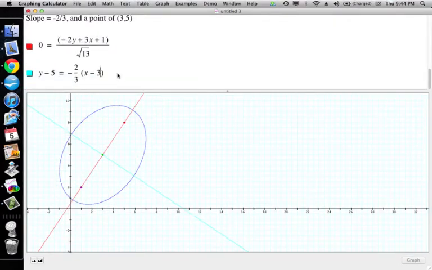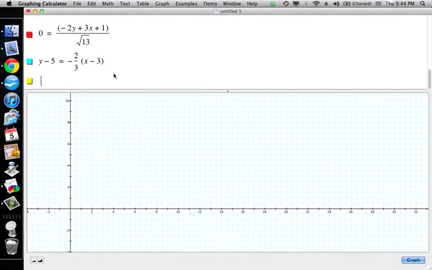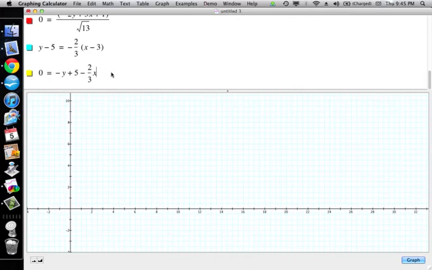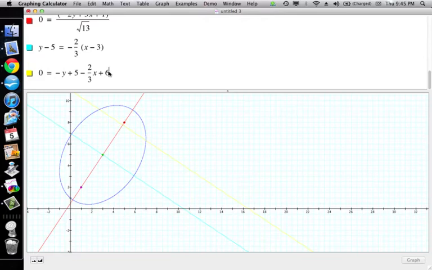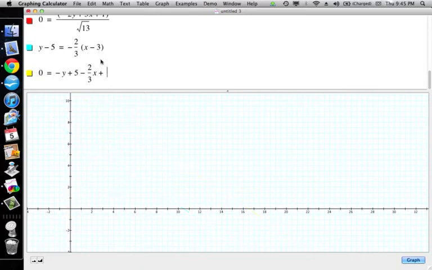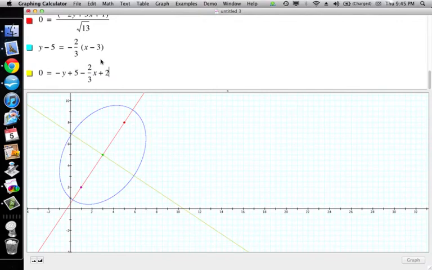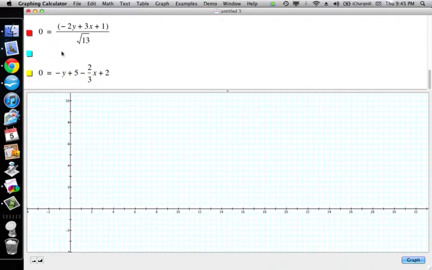And sure enough, that gets me where I want to be. Then I look at that again, still building it, and I go 0 equals negative y plus 5 minus 2/3 x plus 6. Oh, did that wrong. That's going to be plus 2. Sorry, plus 2. Good, so that corrected me. Then I want to multiply everything by 3.